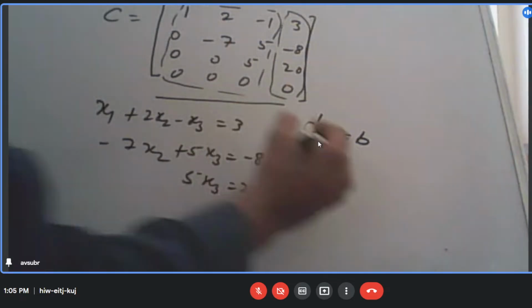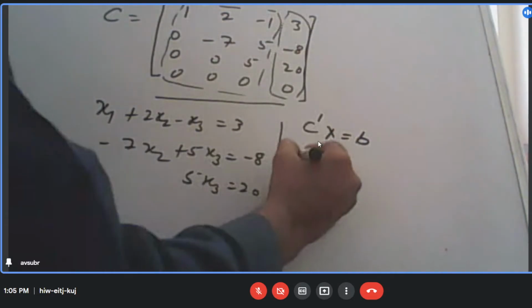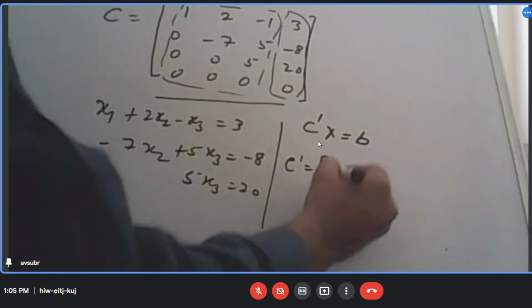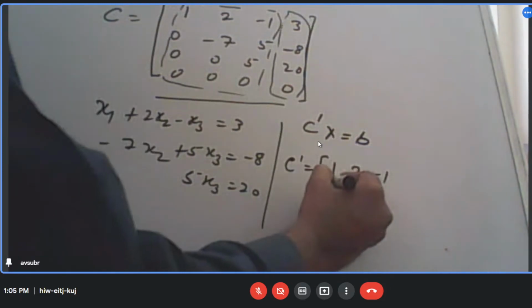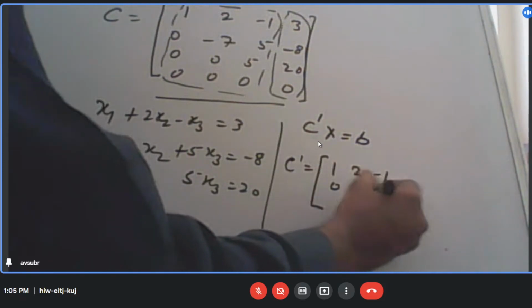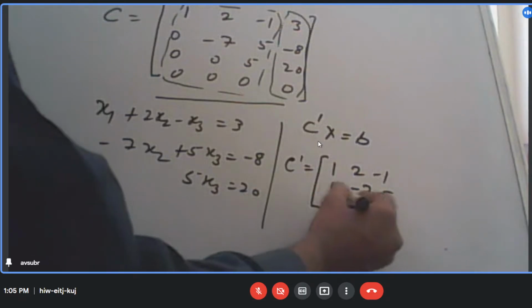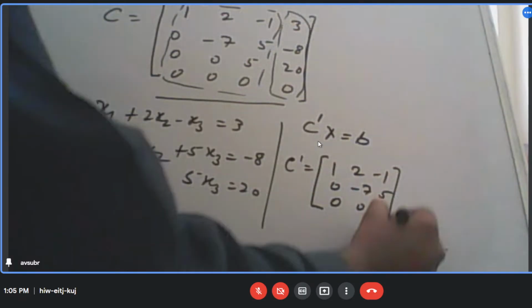C dash is equal to 1 2 minus 1, 0 minus 7 5, and 0 0 5, right?